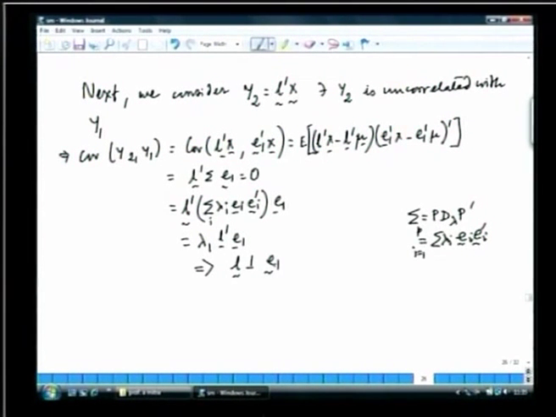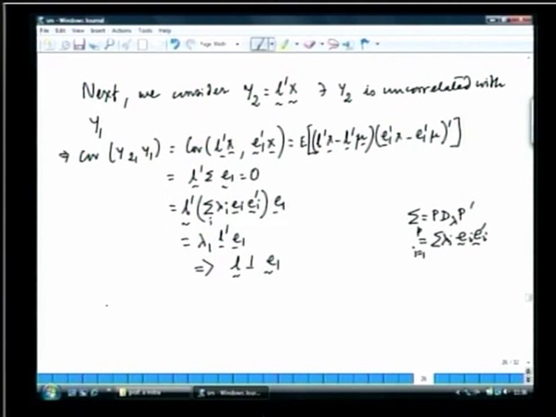Okay. So, covariance equal to 0 is leading me to the fact that this L has to be constructed in such a way that it is orthogonal to the vector which is coming in the first principal component, that is E1. Okay.